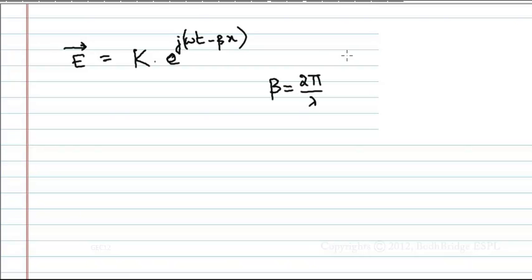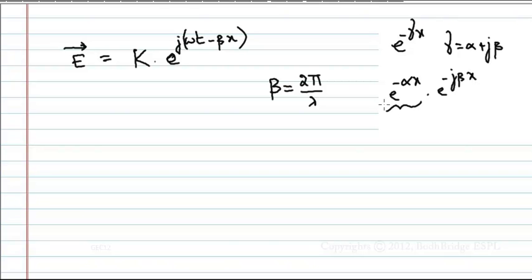If it is a lossless medium, generally we have e power minus gamma into x, where gamma is called the propagation constant. Gamma is equal to alpha plus j beta, for e power minus alpha x into e power minus j beta x. But alpha is 0 for a lossless medium.